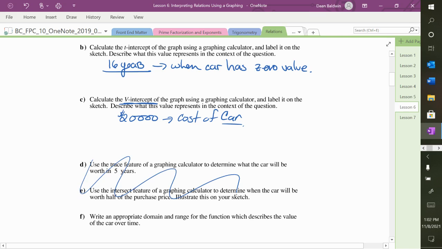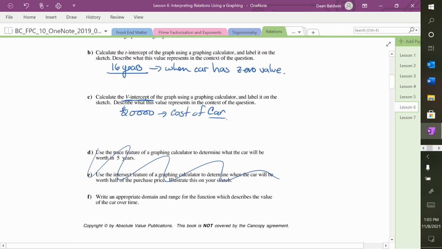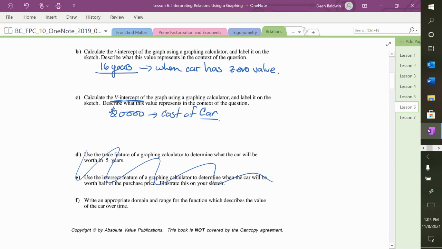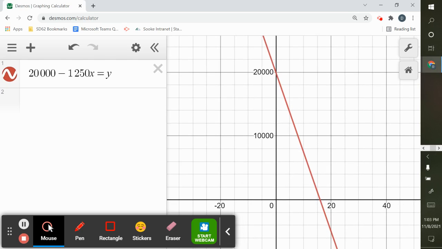Okay, we're not going to worry about D and E. What I want to talk about is the domain and range for the function. Looking at the graph, what is the domain? What is the lowest x value that you can have? 0. What's the highest? 16.